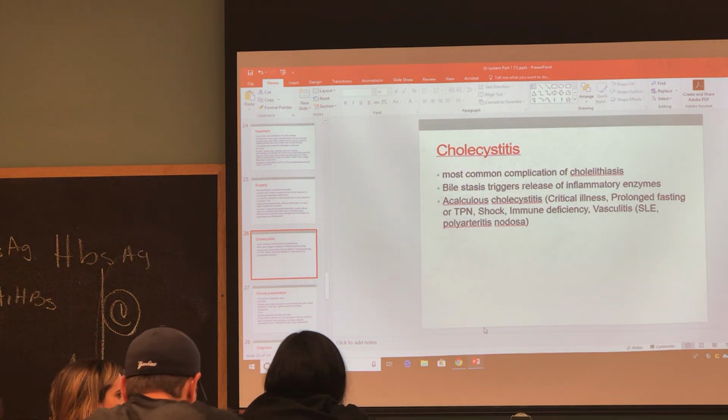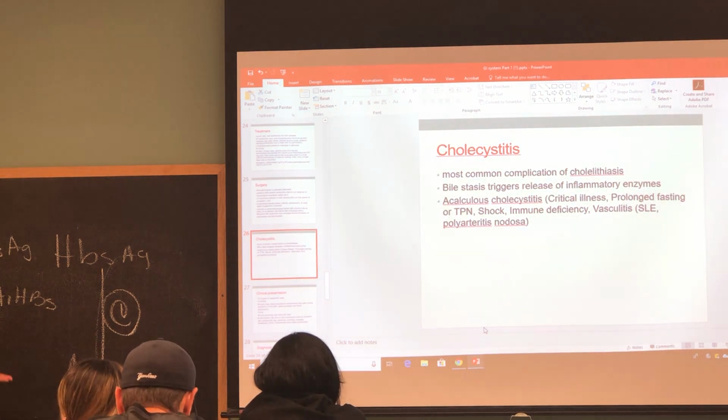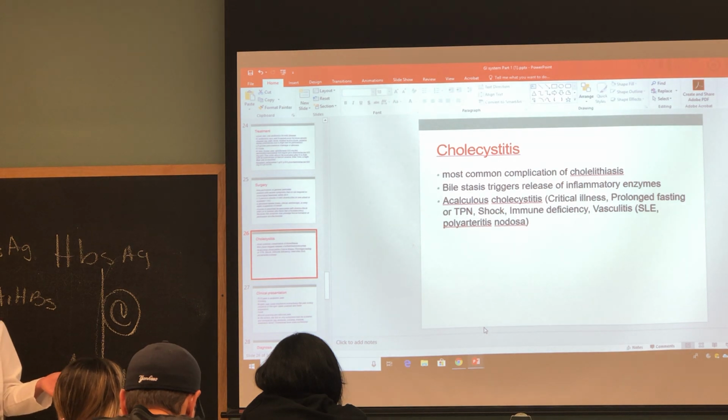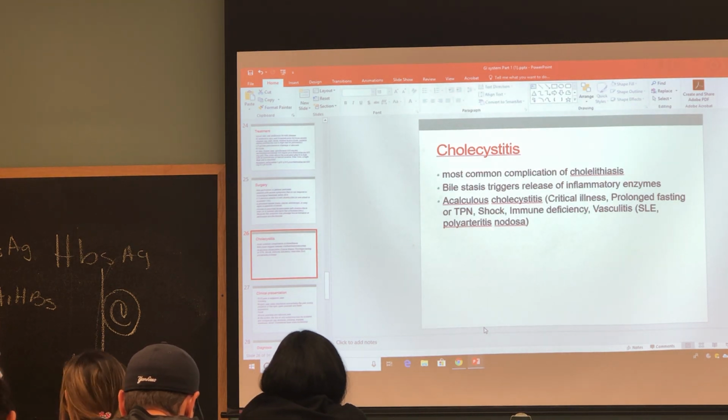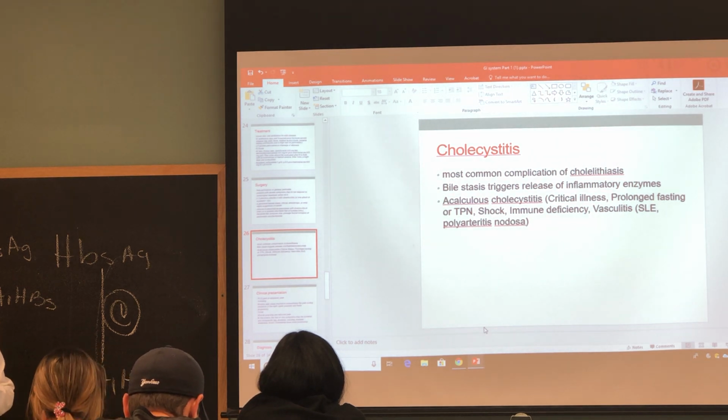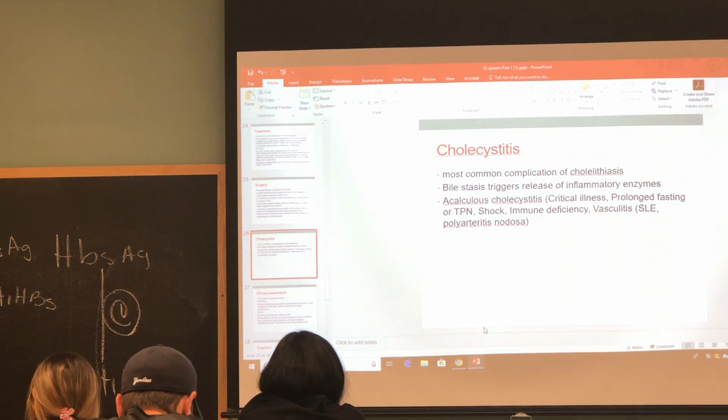And how do you treat that? Unfortunately, the only way that you can treat a critically ill patient that is going through acute cholecystitis is to have a cholecystostomy, to basically drain out the bile through an ostomy at the bedside before you can take this patient to the OR and have a cholecystectomy. Okay?